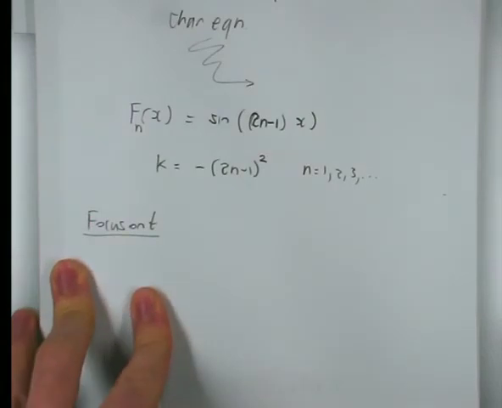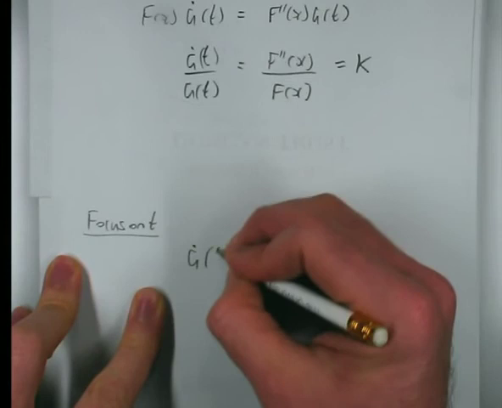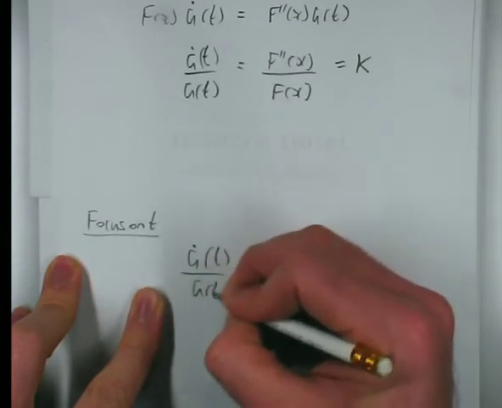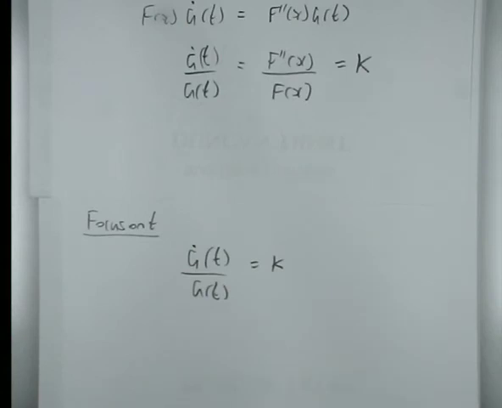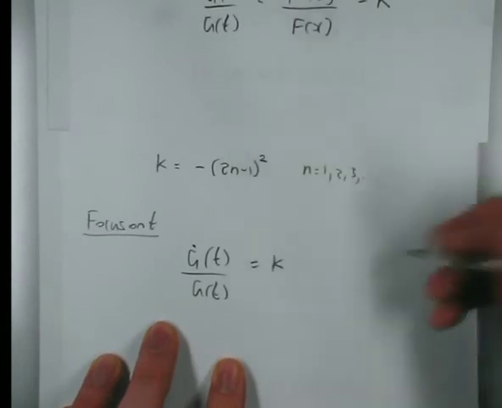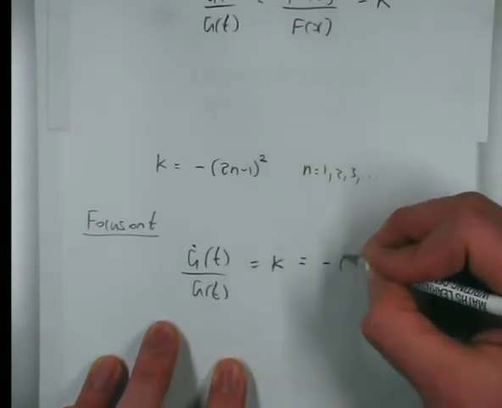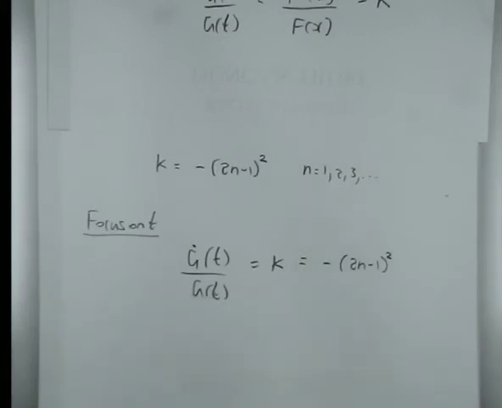So if I go back and focus on the t's in this equation here, I've got g dot t over gt is k. But I know that k, I was just told what k was. K is in fact this. Because I just figured out what k was.